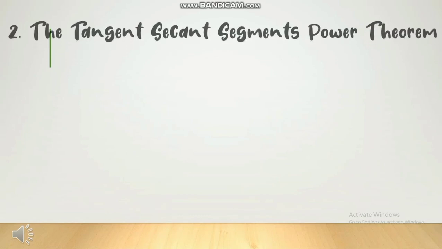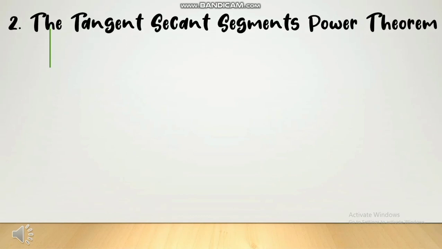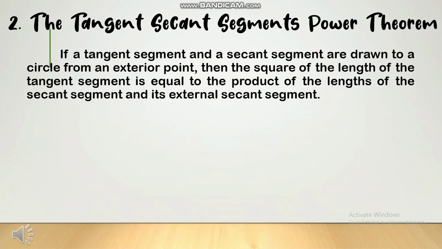Number 2. The tangent-secant segments power theorem. If a tangent segment and a secant segment are drawn to a circle from an exterior point, then the square of the length of the tangent segment is equal to the product of the lengths of the secant segment and its external secant segment.